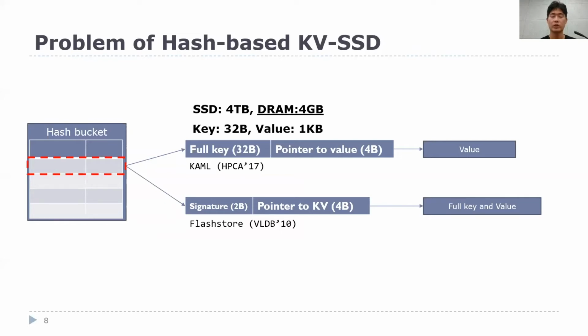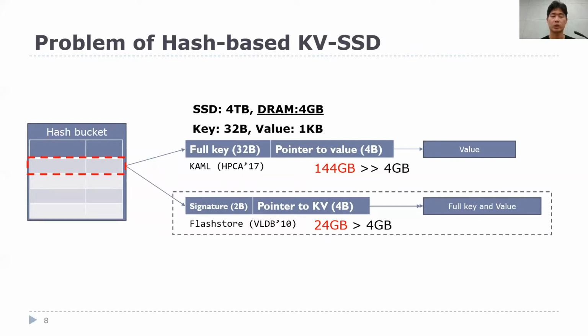When the size of the SSD is 4 terabytes, the DRAM size is 4 gigabytes. When the device stores 32-byte keys and 1 kilobyte values, the total sizes of the hash buckets are 144 gigabytes and 24 gigabytes respectively. Due to the huge size of hash buckets with full keys, we use buckets with signatures as many others do.